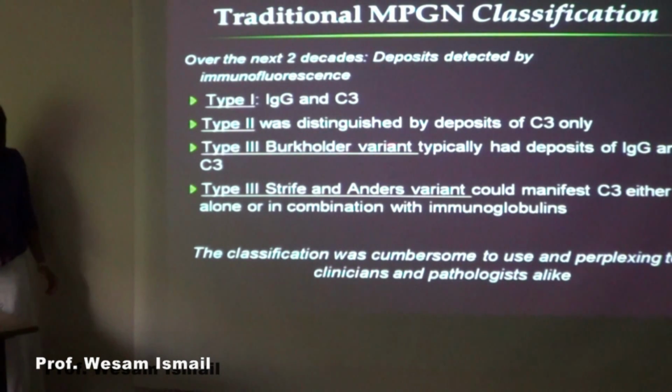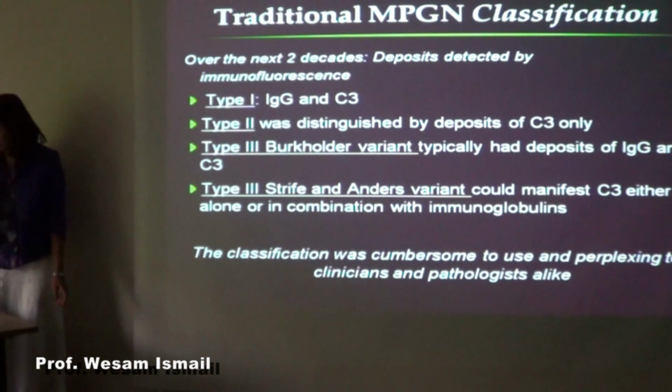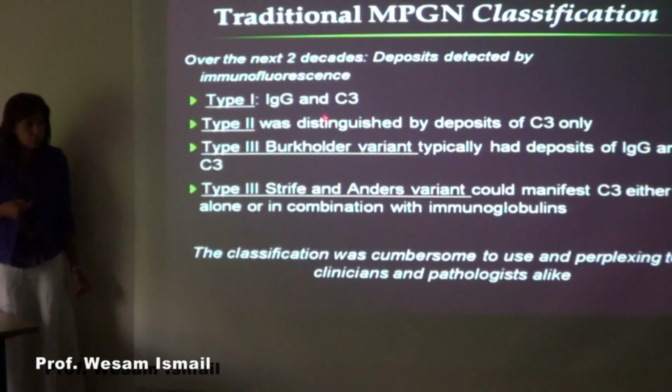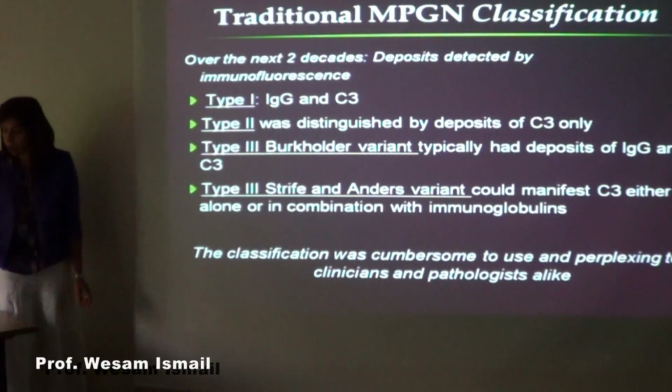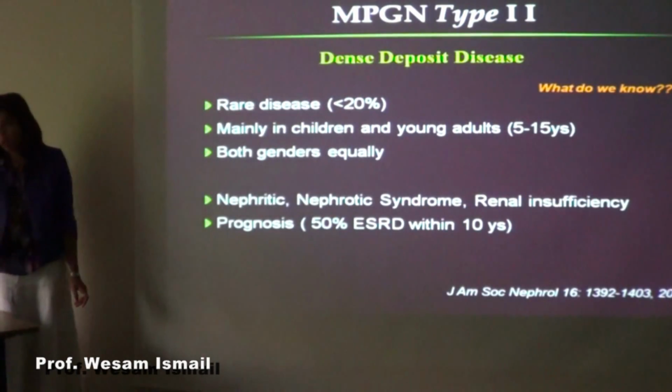Then type 3, the Burkholder variant, typically had deposits also of immune complexes and complement factors, while the other type of type 3, which is Strife's variant, could manifest either the C3 alone or in combination with immunoglobulins. In brief, this has made it even more complicated and perplexing for both pathologists and clinicians. And it's usually at this stage that you need to restart looking at the whole thing with different eyes.